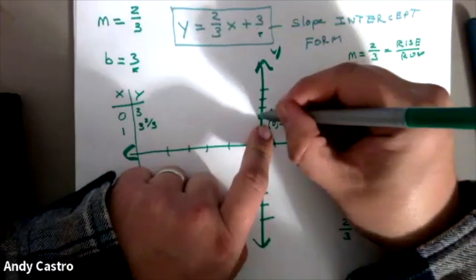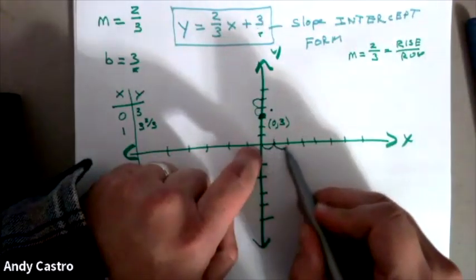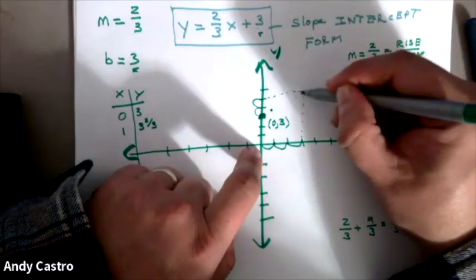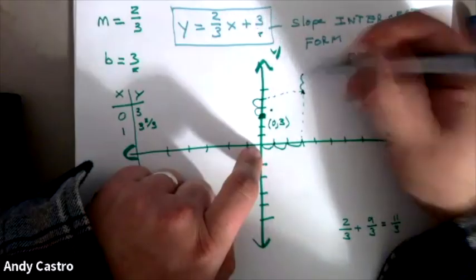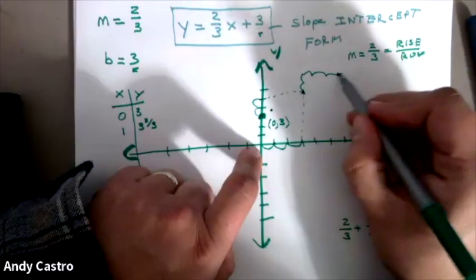So I'm going to rise 2, and then I'm going to go over 3. And that's going to be another point on the line. And then from here, I can go up 2, over 3, another point.